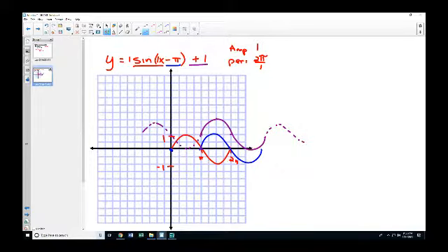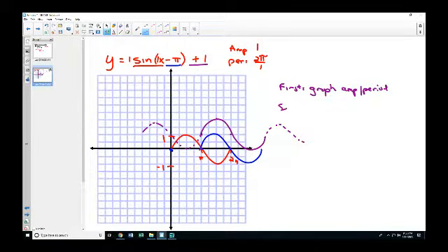So I find it easiest to graph the main amplitude and period function and then shift it. Some of you might be more skilled in that. And so here's what we did. First, graph the amplitude and period.